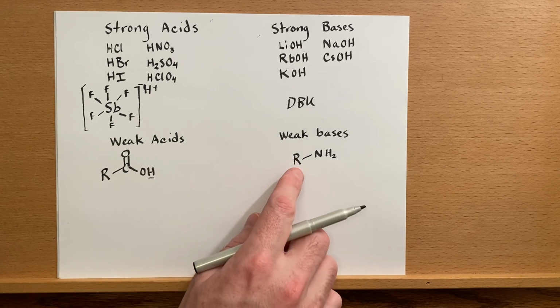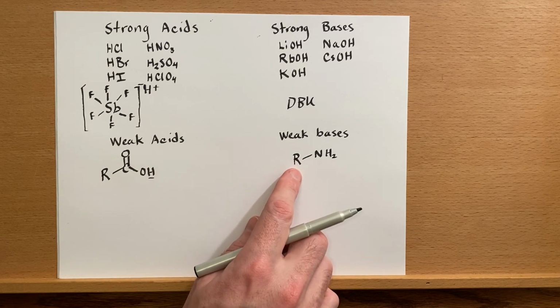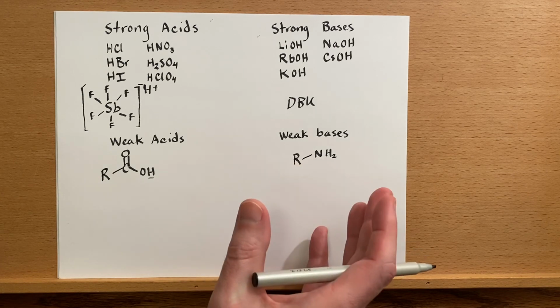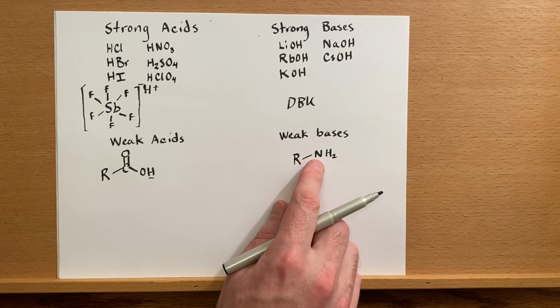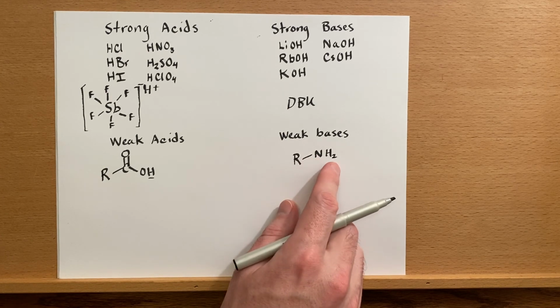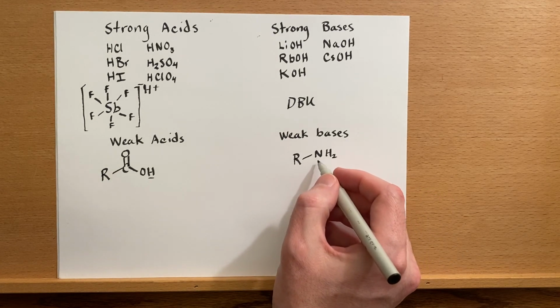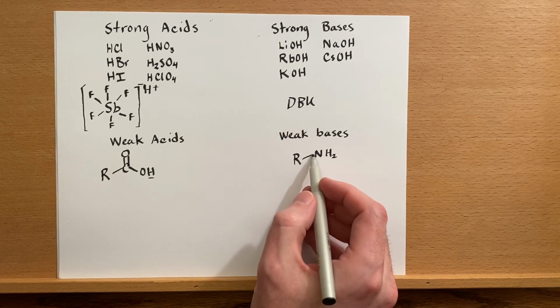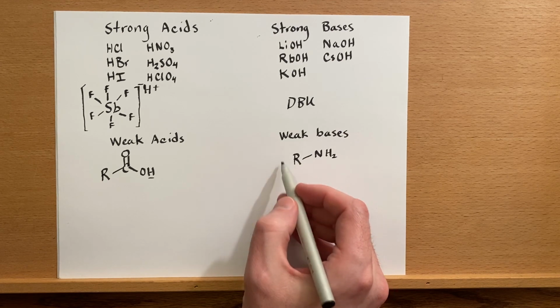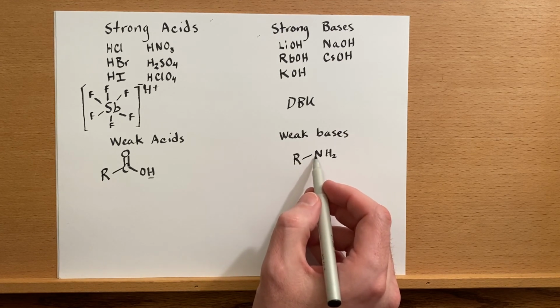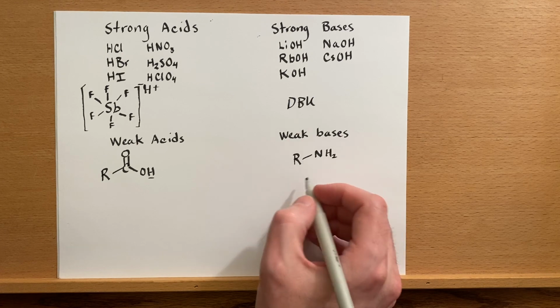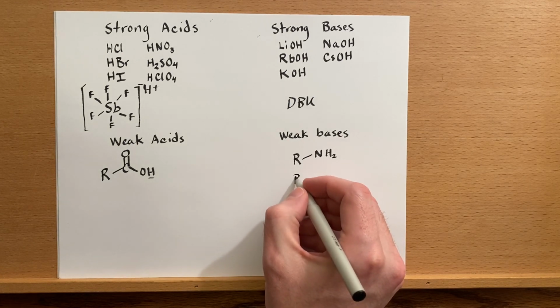Now, we can also have organic weak bases. And one of the common things to do is to use a nitrogen-based base, which is an amine. That's the name of the group. And we can have just one carbon-containing thing on the nitrogen. We could have two, which would look like this.